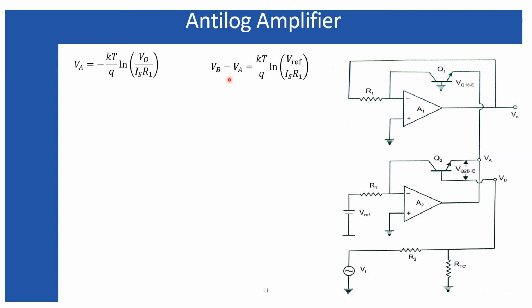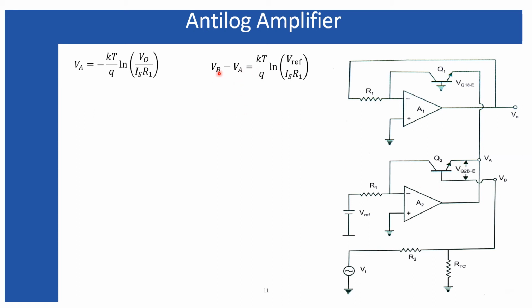Next, Vb minus Va is the base to emitter voltage of the transistor Q2. Therefore, this potential can also be obtained by this expression where the input voltage should be the reference voltage as shown over here. And look at here, no negative sign because I am deriving the base emitter voltage.